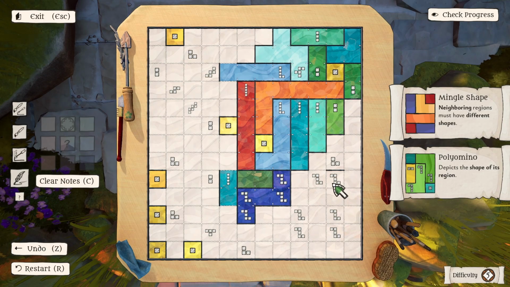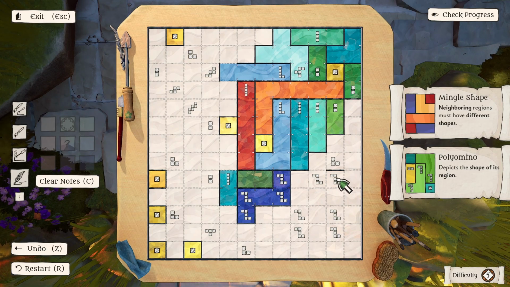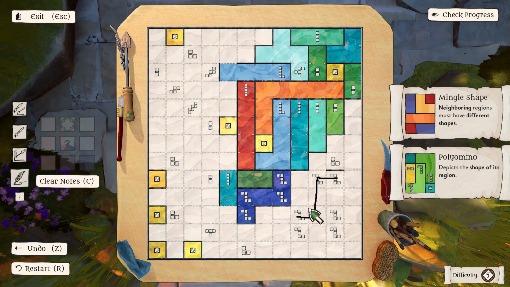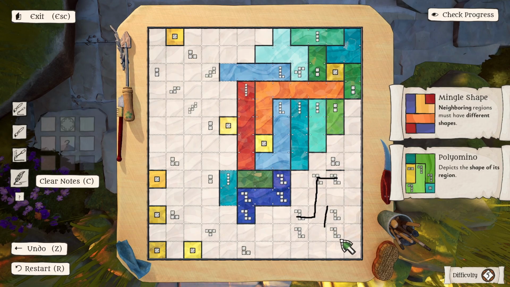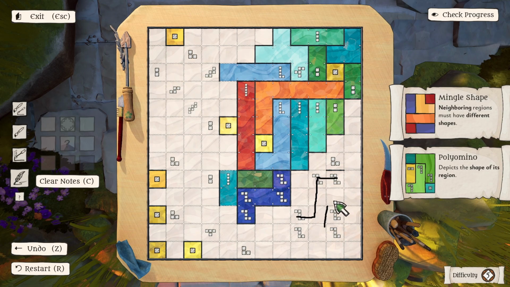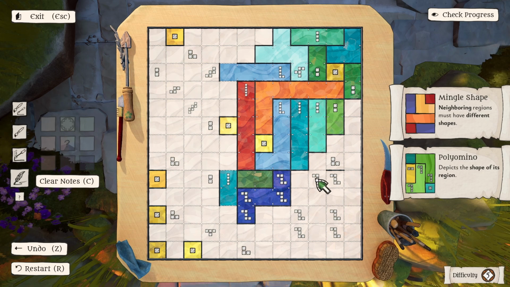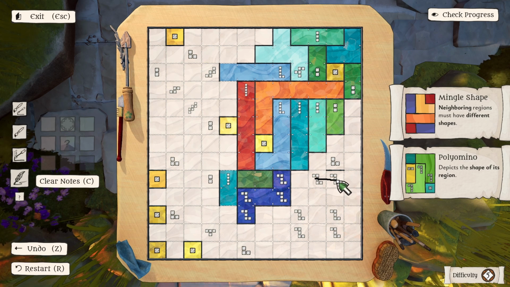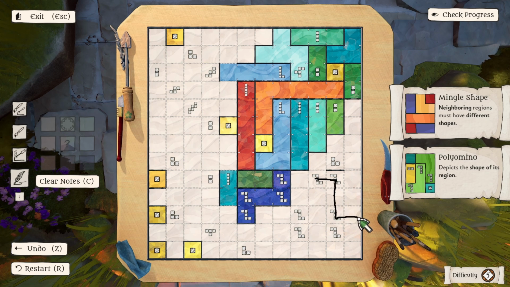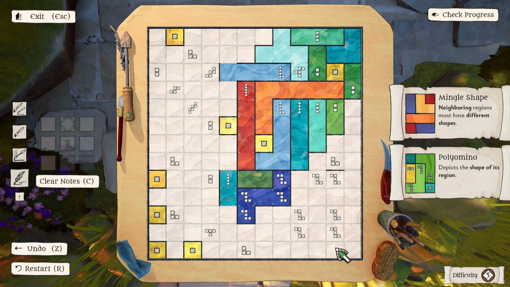Now, this one, if it went like that, would be interfering here. If it went like that, would be interfering here.